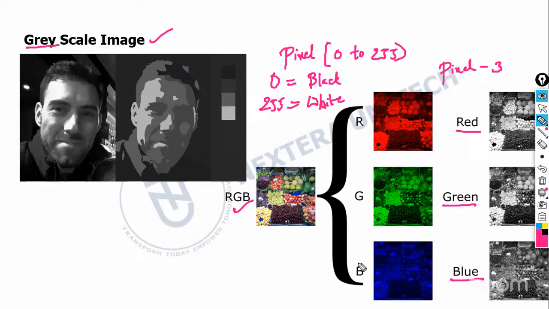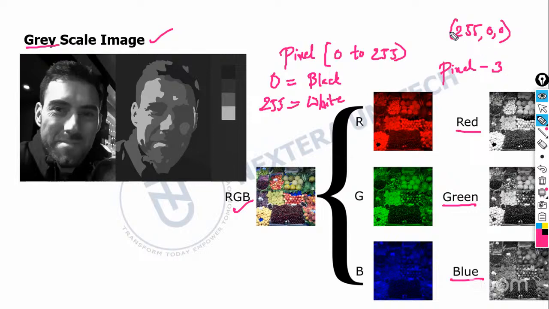Making sense? So I'll give an example that I generally give to my students. If you have a pixel in this form, with values 255 comma 0 comma 0, this represents a red pixel.